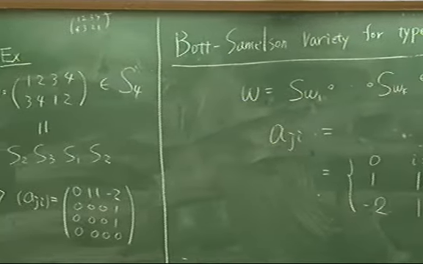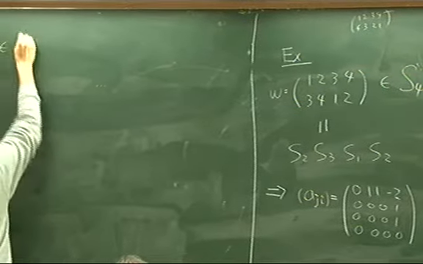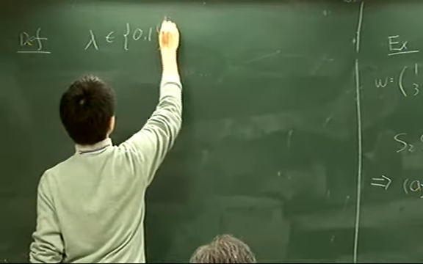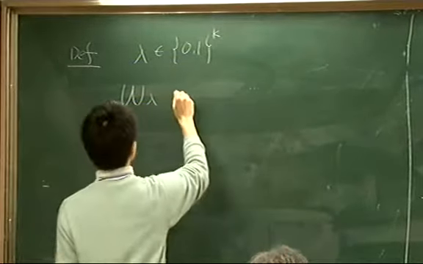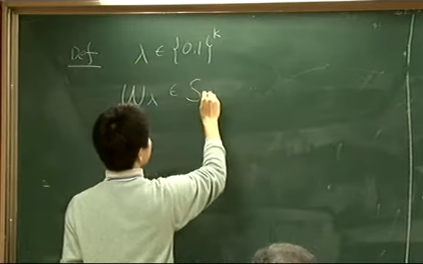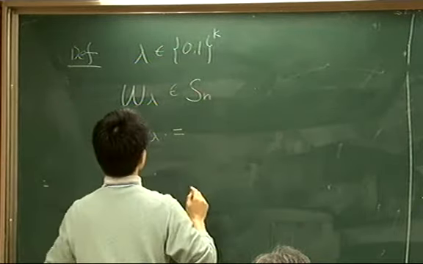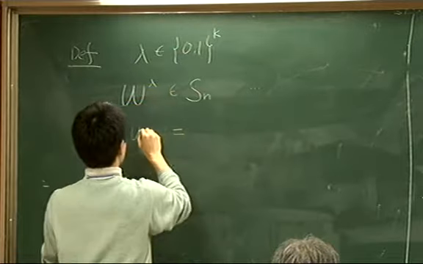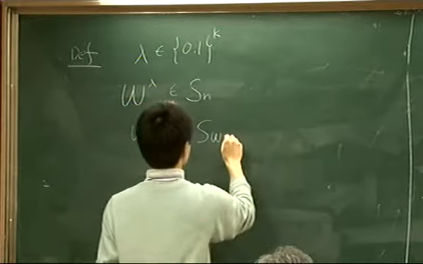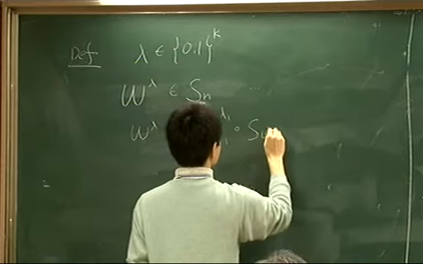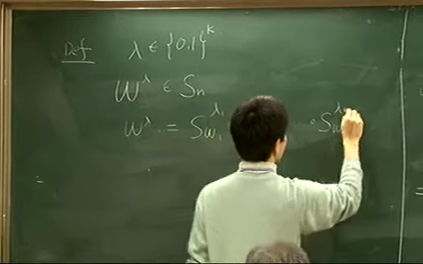Before stating the open problem, we need some more definitions. For lambda in {0,1}^k, we define w^lambda in S_n as w_1^lambda_1 times w_2^lambda_2 times ... times w_k^lambda_k.